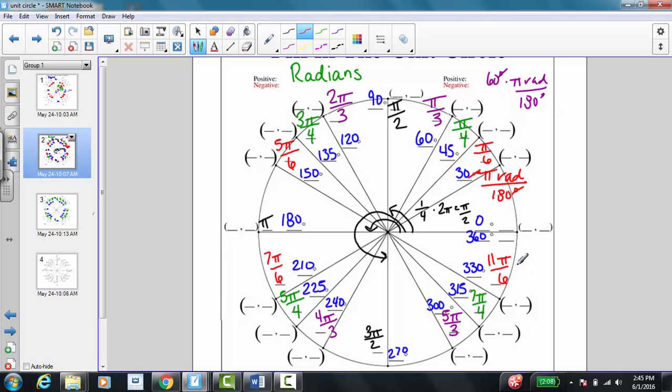Again, you can see now more clearly why I wanted to color code this. If you look here, the reds, all of my radians that have a 6 in the denominator make this crossing action here. And then the radians with the denominator of 4 cross here.